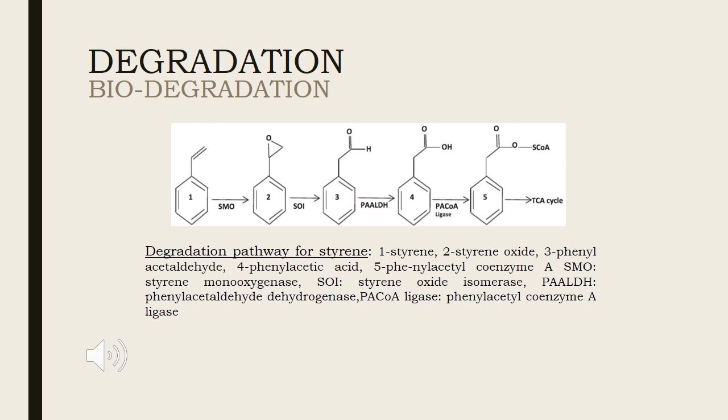Polystyrene is a durable thermoplastic that is generally believed to be non-biodegradable. Actually, biodegradation of polystyrene does occur, but at a very slow rate in natural environments, and therefore polystyrene persists for long periods of time as solid waste.